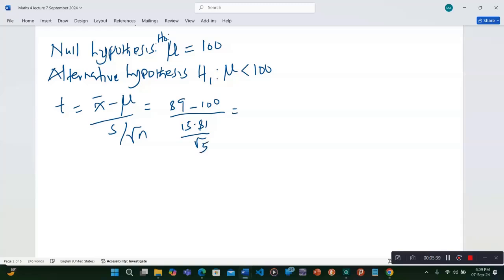And if I calculate this very well, my t-statistic should be negative 1.56.